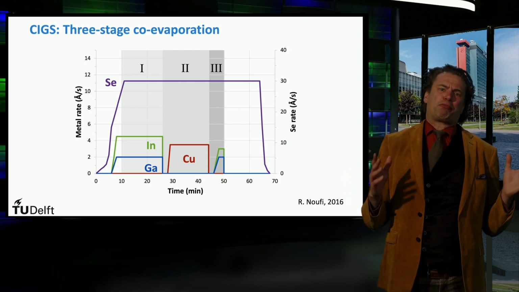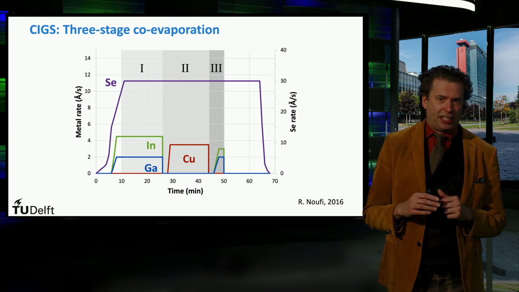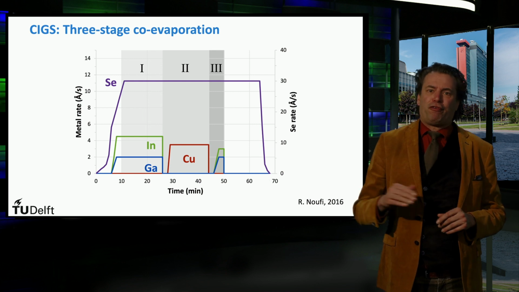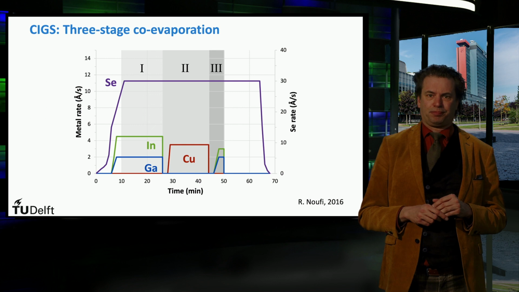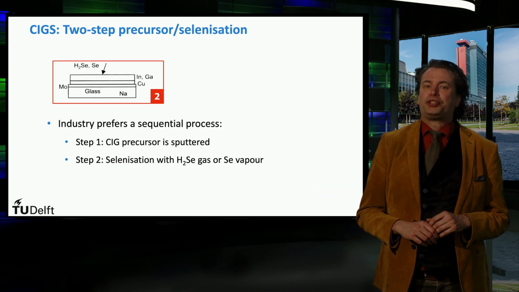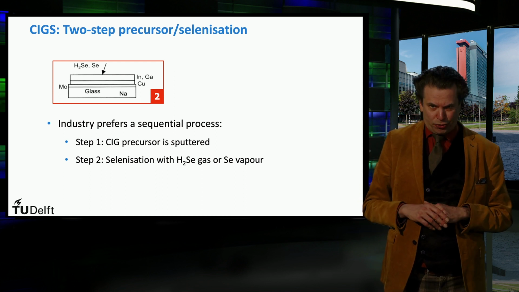While the three-stage process is capable of delivering a very high grade of CIGS layer, the industry prefers a fast and sequential process rather than one relatively long process. The second production method is called the two-step precursor and selenization process.